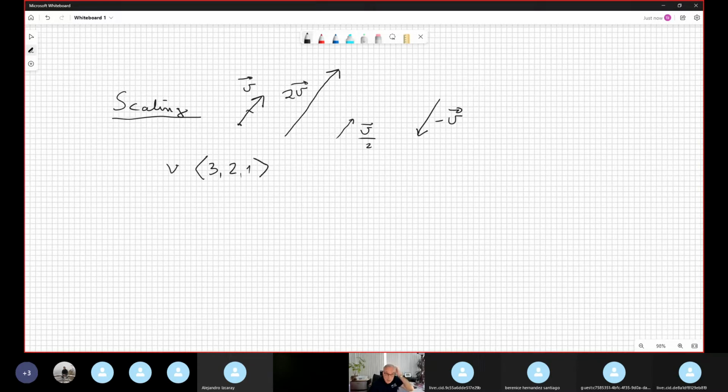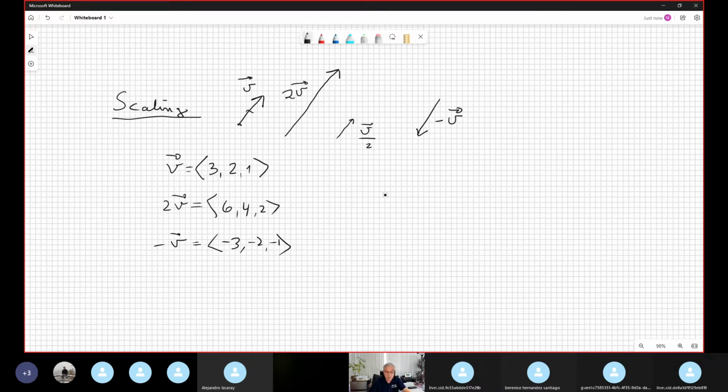This is b by definition in my problem. You want to find 2b. Algebraically, it is multiplied by 2, component by component. It is 6, 4, and 2. Minus b, well, divided by 2 is the same. It is -3, -2, and -1.